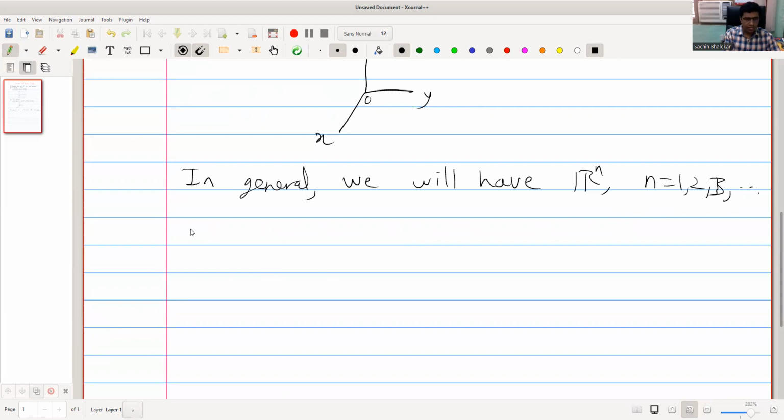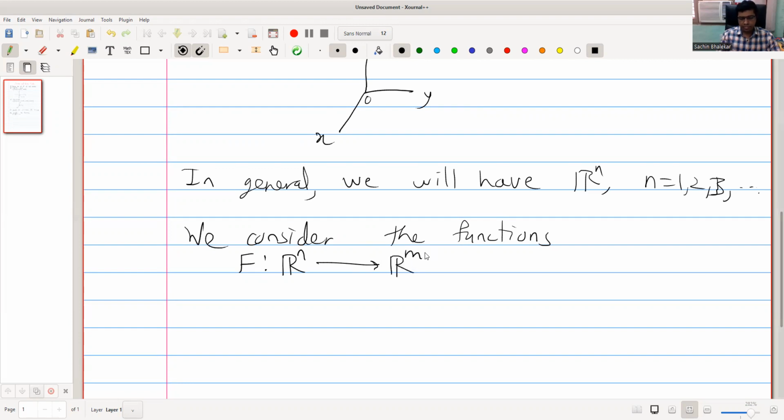Now we consider the functions f from Rn to Rm. So the domain is n-dimensional real space and values are in Rm.